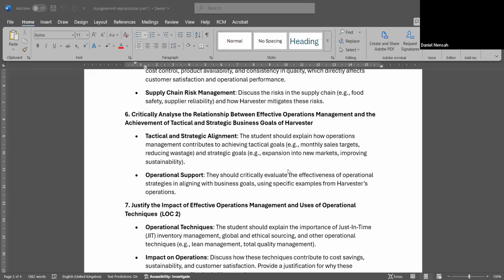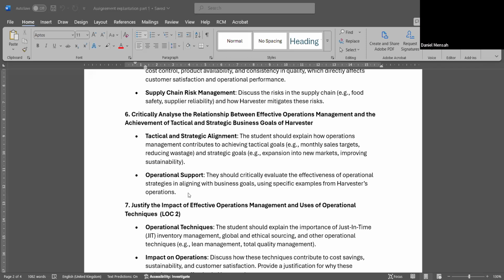Similarly, you will be connecting the dots with expansion into new markets or improving sustainability. Maybe you can say Harvester is using ethical sourcing, ethical sourcing for food, and for packaging.